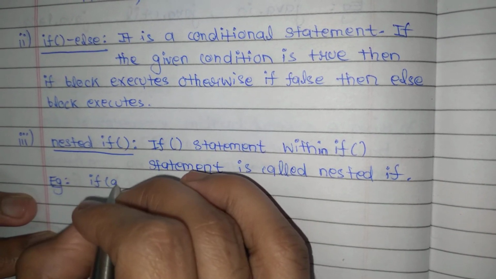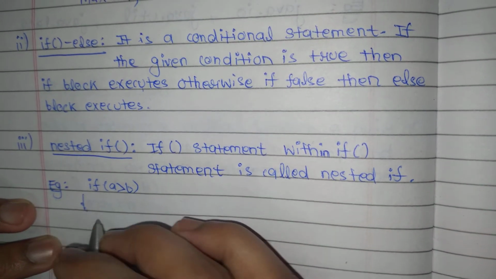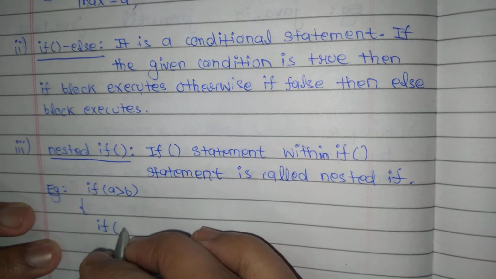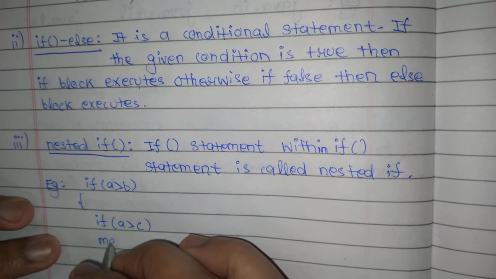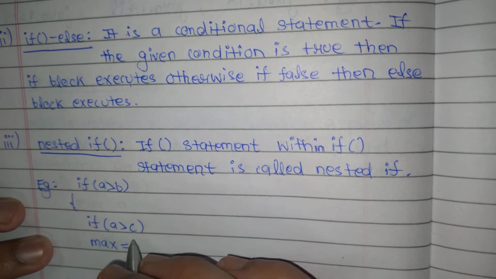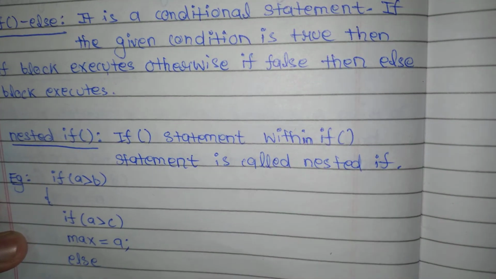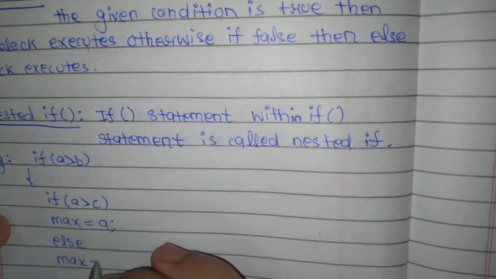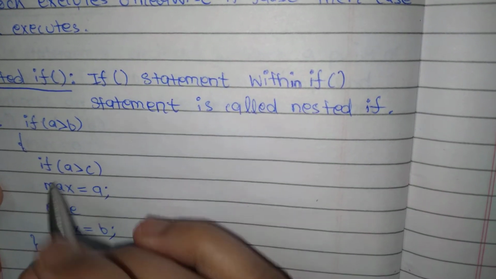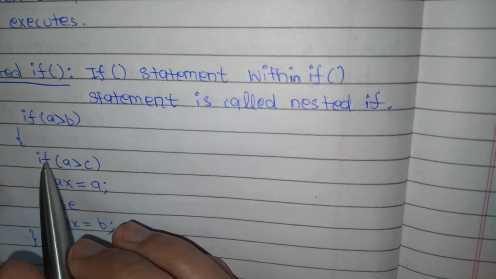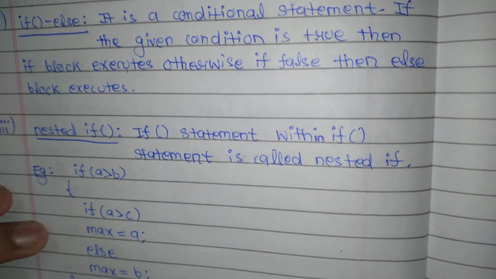if a is greater than b, bracket open, then if a is greater than c, then max is equal to a, else max is equal to b. Max here means maximum. And friends, from here you can see that I have also given the example of if else condition in the upper given statement.